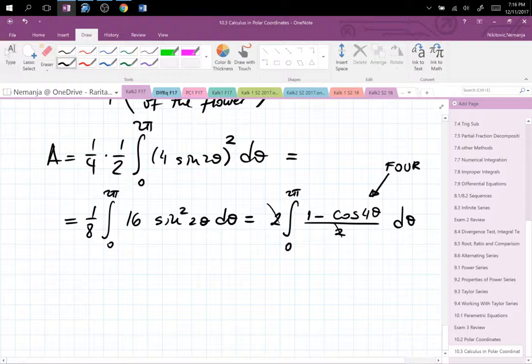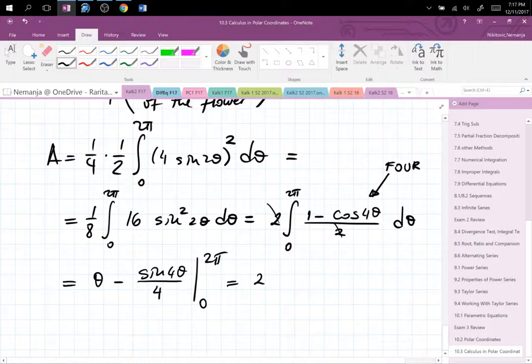And we can finally integrate. So we have a theta minus, integral of cosine is positive sine 4 theta over 4, computed from 0 to 2 pi. So we have a 2 pi over there, and then sine of 2 pi times 4 is going to be 0, theta is 0, so it's just 2 pi.